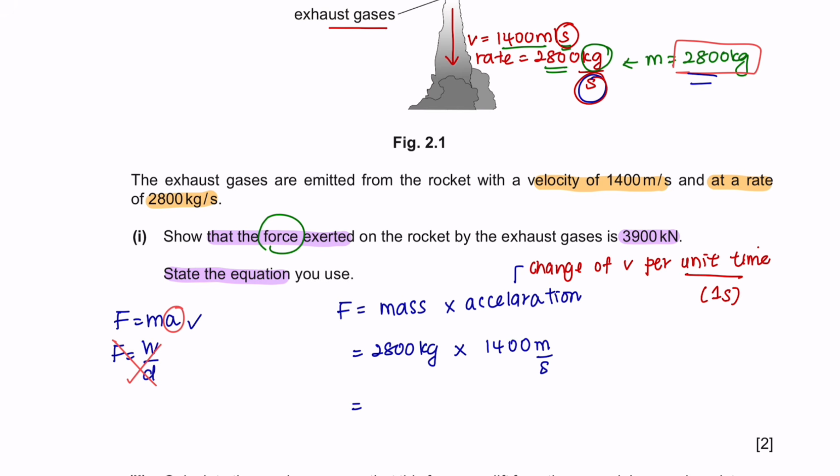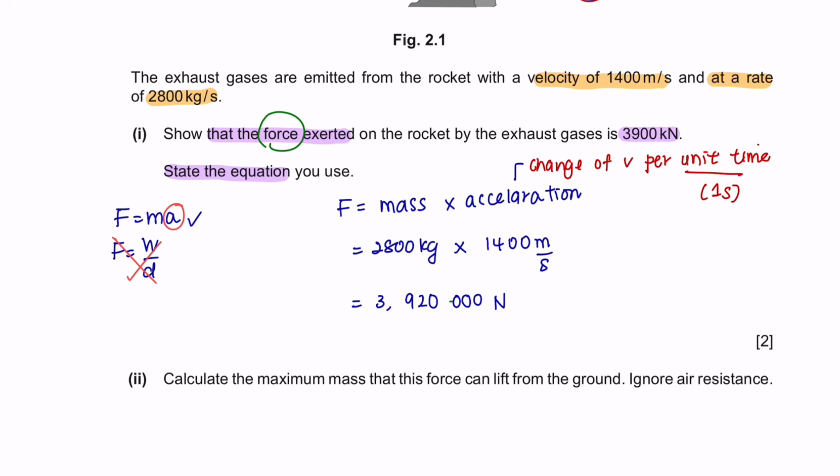This will give us a force of 3,920,000. Unit for force would be newtons. Changing this into kilonewtons would be by dividing by 1,000, giving us 3,920 kilonewtons. In two significant figures, approximately is indeed 3,900 kilonewtons. So there you go, we have shown that.